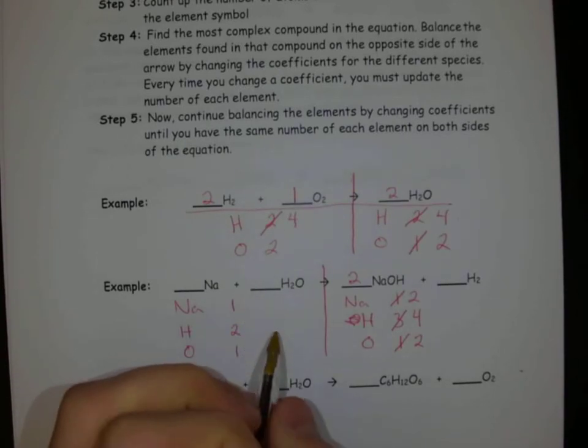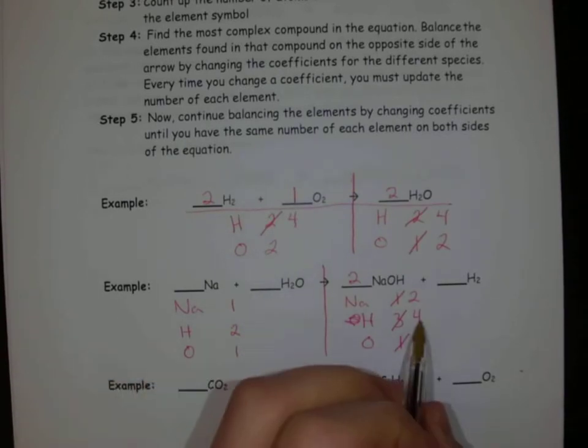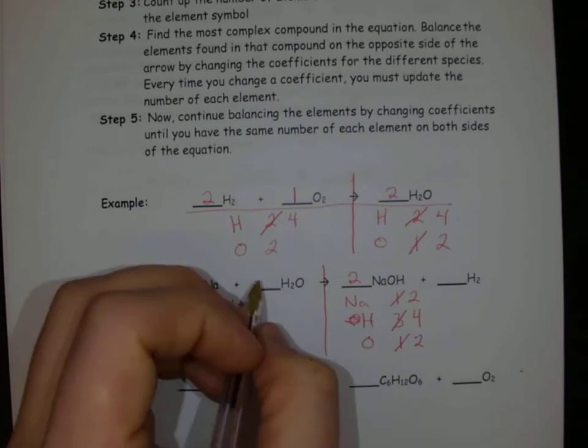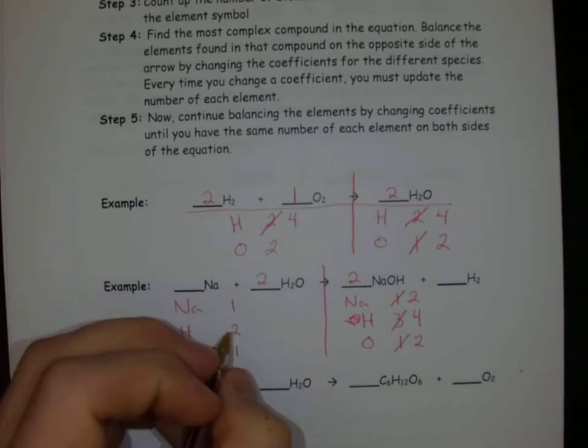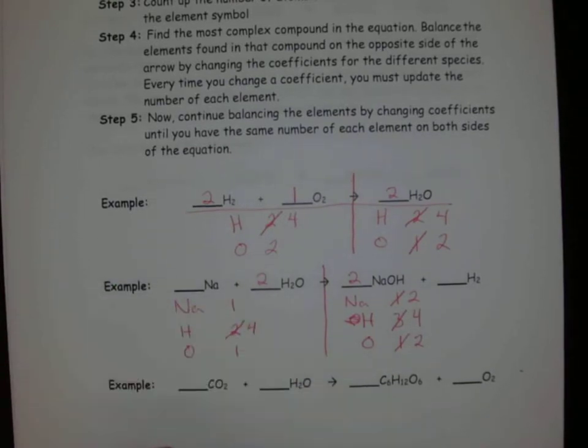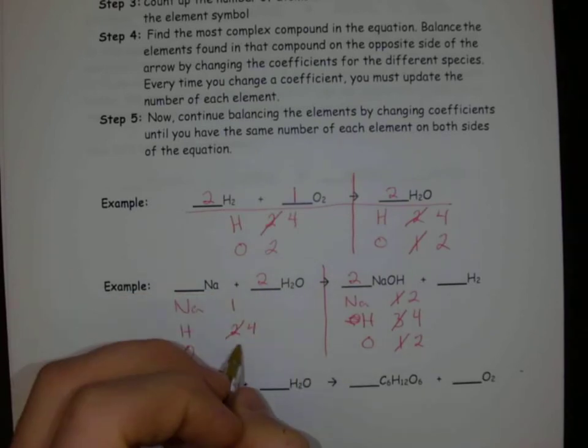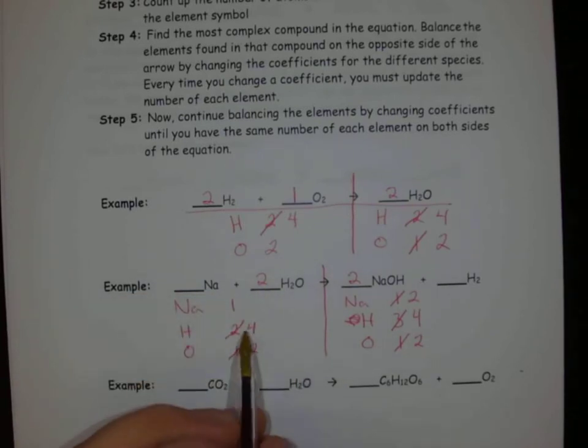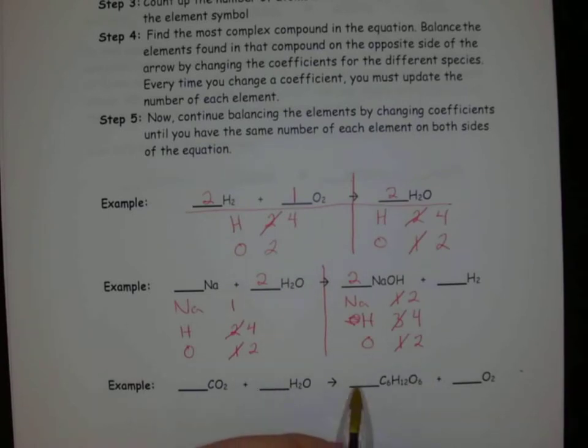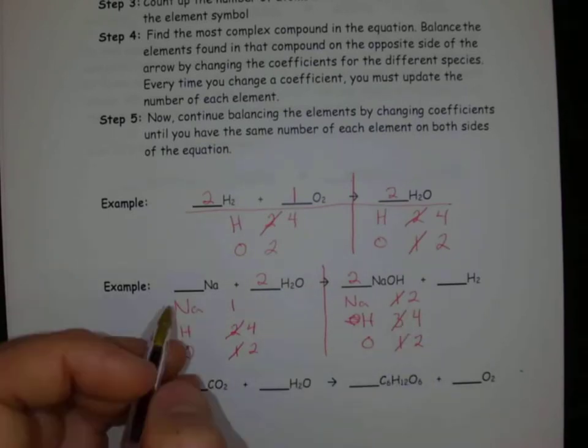Let's look and try to balance this now. To get my 4 hydrogens, I'm going to need to double this. So that makes 4 hydrogens, and 2 times 1, that makes 2 oxygens. So that is balanced. Our oxygen is balanced. Let's get our sodium balanced here.